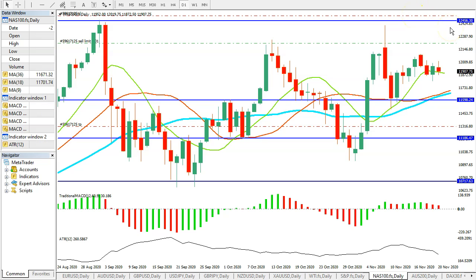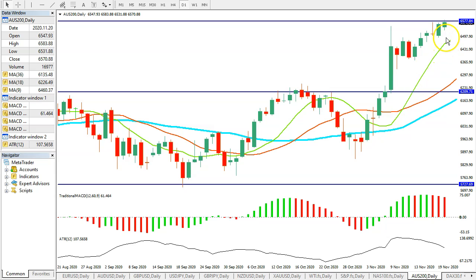This is a risky trade because we'll be going against the major trend. We will also be looking for long entries if the price retraces below this level. So from here down to here we can look for potential long setups.